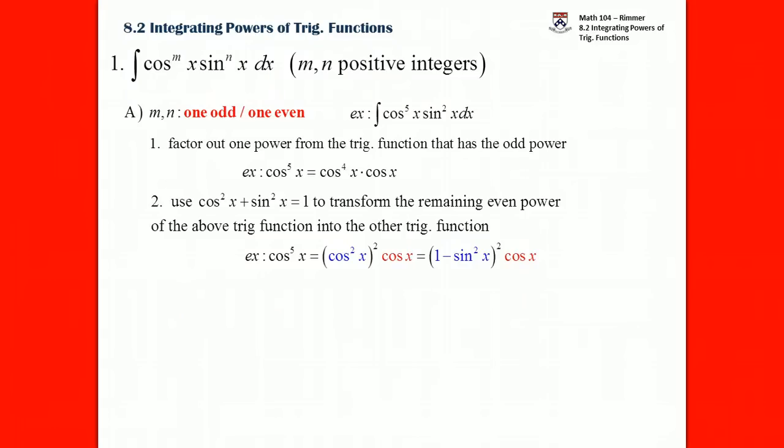Here I have them, the whole thing squared. And I have the red being the one cosine that I took off in the beginning. Either way, you can leave it like this or have it as cosine squared times cosine squared. And either way, it's still 1 minus sine squared that needs to be multiplied out by itself. I'm going to leave it like that, though. 1 minus sine squared, the whole quantity squared.